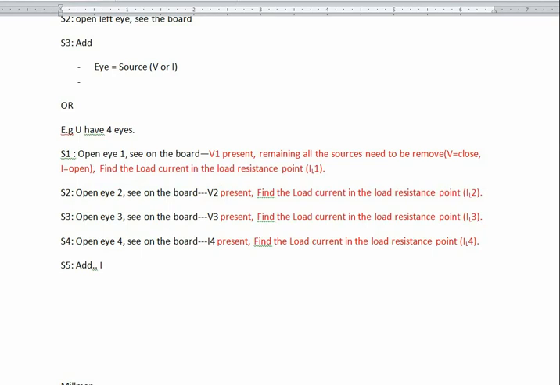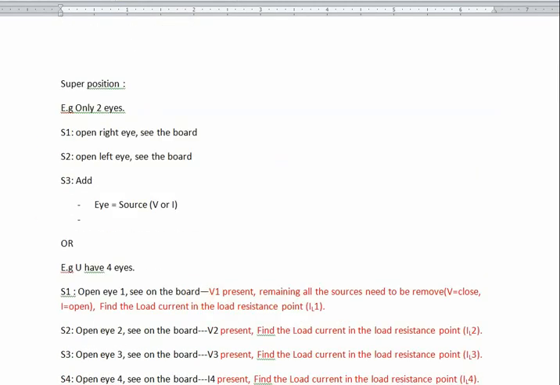Then you add them: IL equals IL1 plus IL2 plus IL3 plus IL4. That's all, and that gives your load current. In superposition, you find it similar to the load current method.